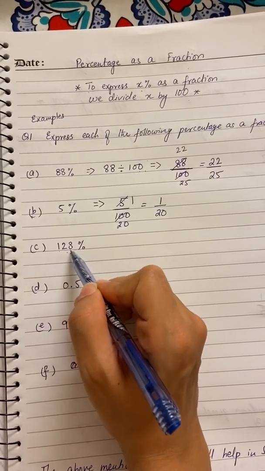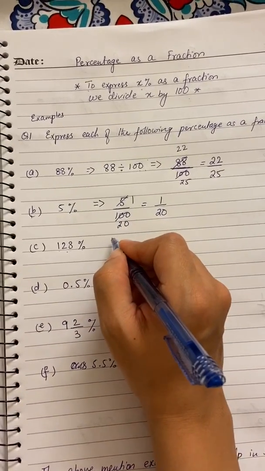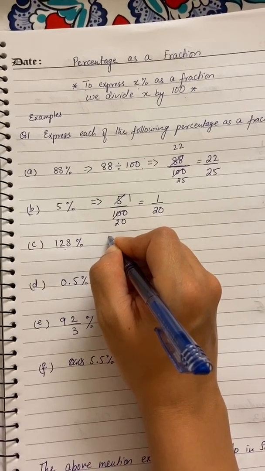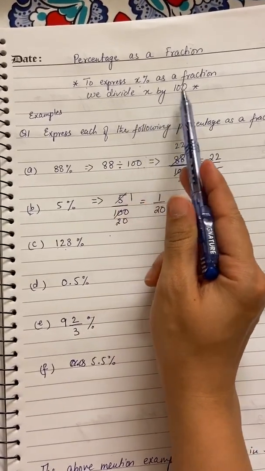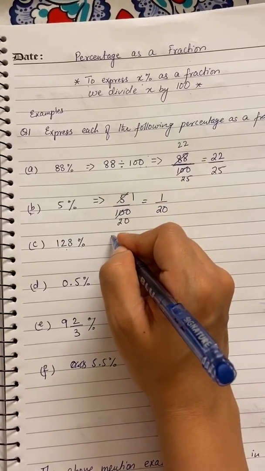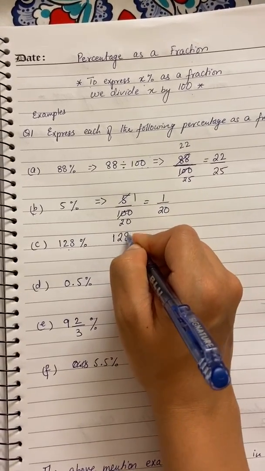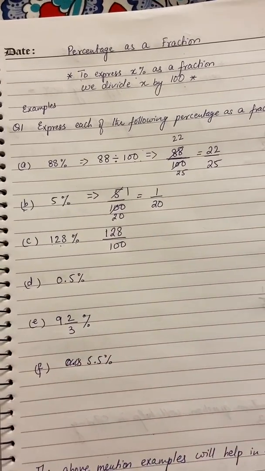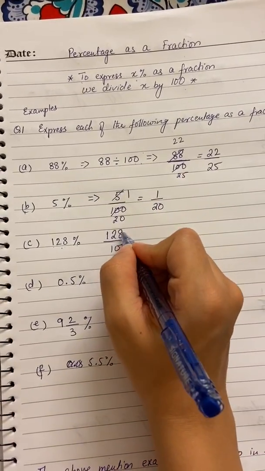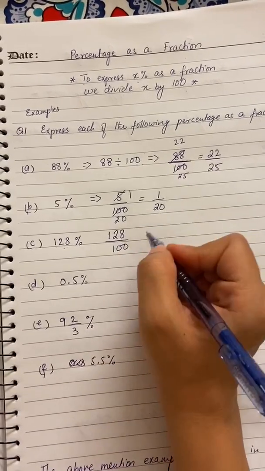It says 128%. 128% again divided by 100. We have to express this, we divide percentage by 100. So 128 divided by 100. Now they both go by the 4 table as well, and the 2 times table as well.